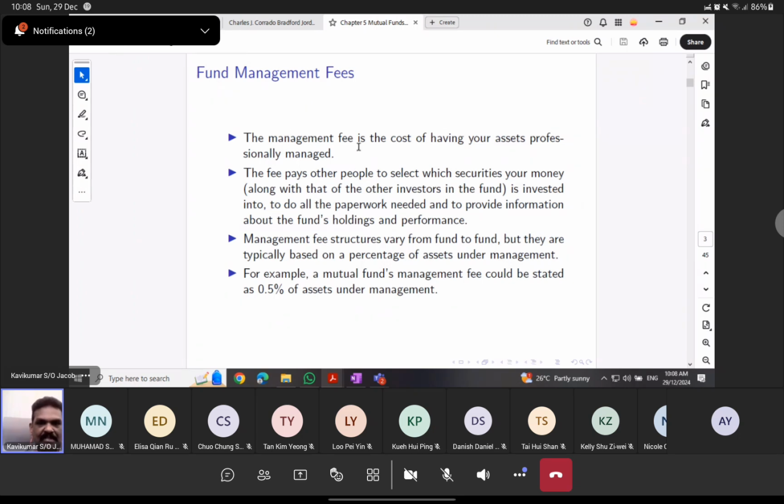The management fee is the cost of having your asset professionally managed. For example, if you own property in our cities like Kuala Lumpur, Johor, Penang, suppose you invest your money in an apartment, or you bought a house in an apartment.